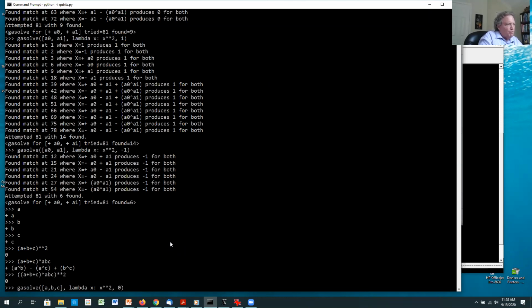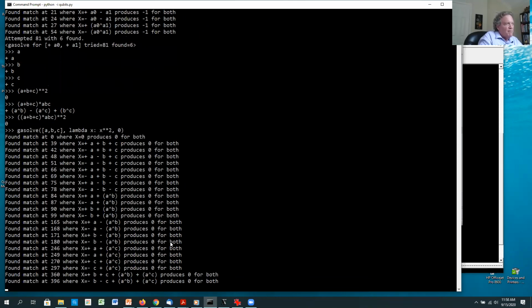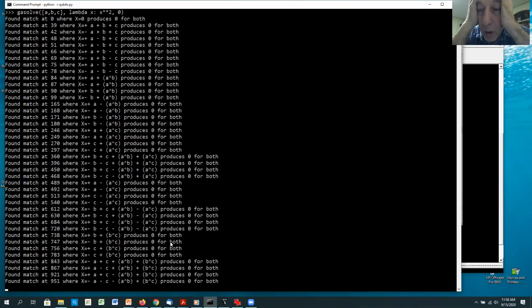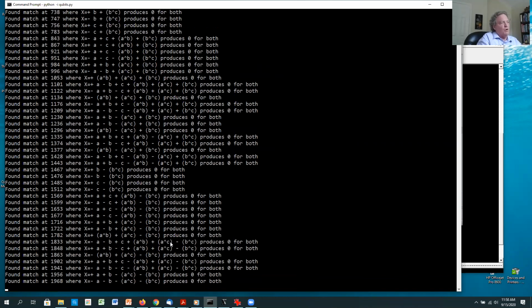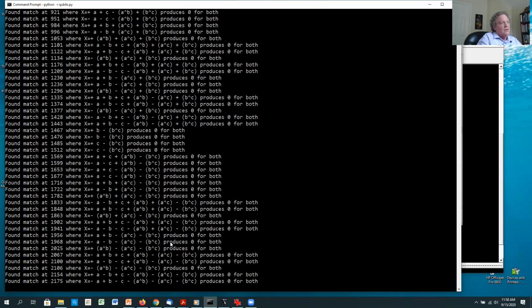This is the nilpotent look, but instead of only G2, this time I'm doing it for all of G3. And these are all the nilpotent forms in G3, and there's 6,500 of them that I'm just iterating through. And notice this doesn't take too long for 6,500.